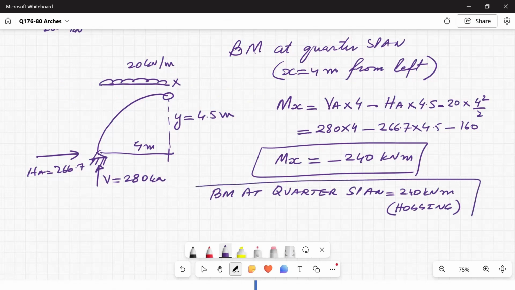So this is our final answer, and 240 kilonewton meter in hogging.